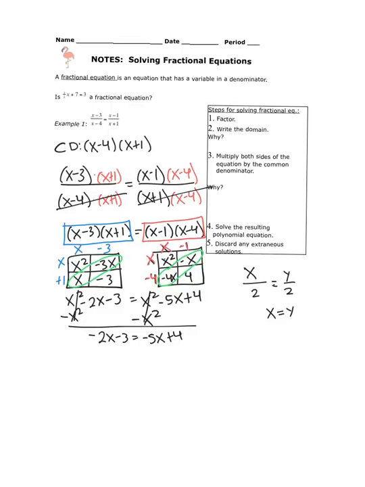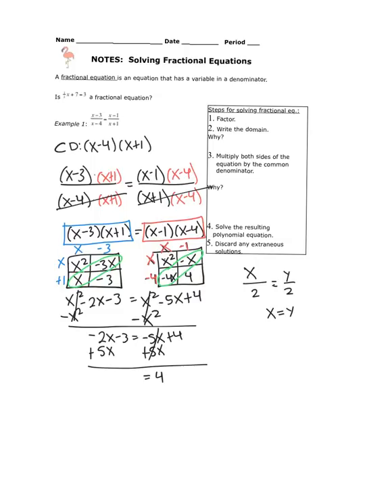It doesn't matter what you move at this point. If you want to move a 5x or a 2x or a negative 3, negative 4, it doesn't matter. Let's say add 5x to both sides. So these are gone, and you've got 4 on this side.